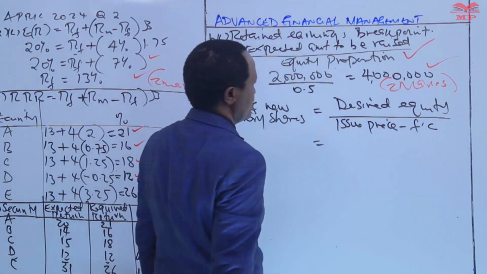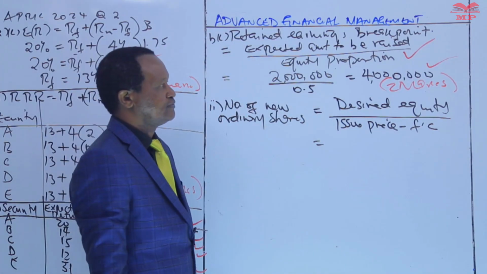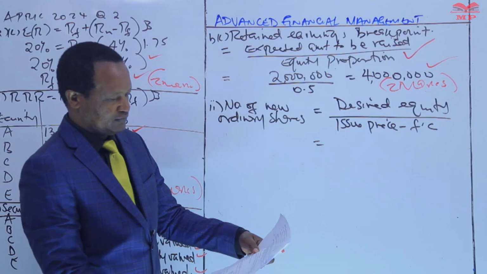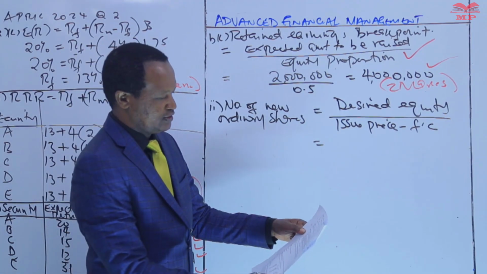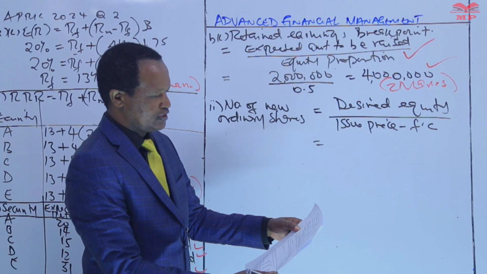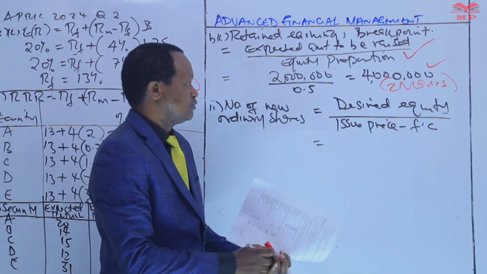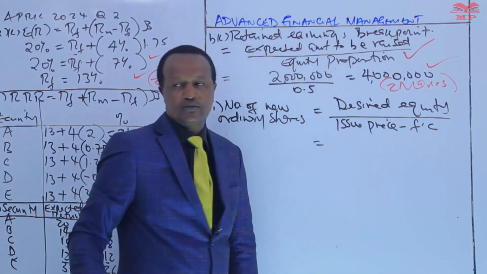What is the desired equity to be raised? What is the desired amount to be raised from equity? That information should be given. New ordinary shares will be issued at 35 shillings each, flotation cost of 5. Someone give it a try. What will be the desired equity?